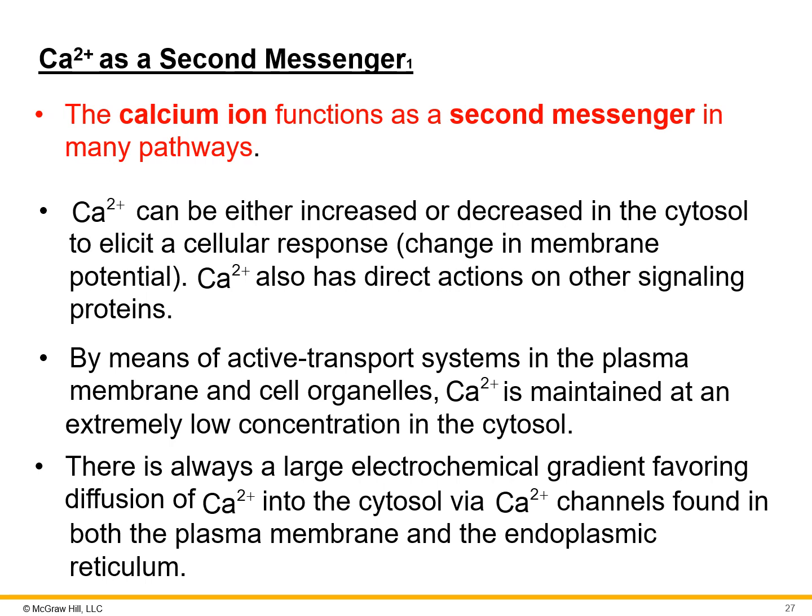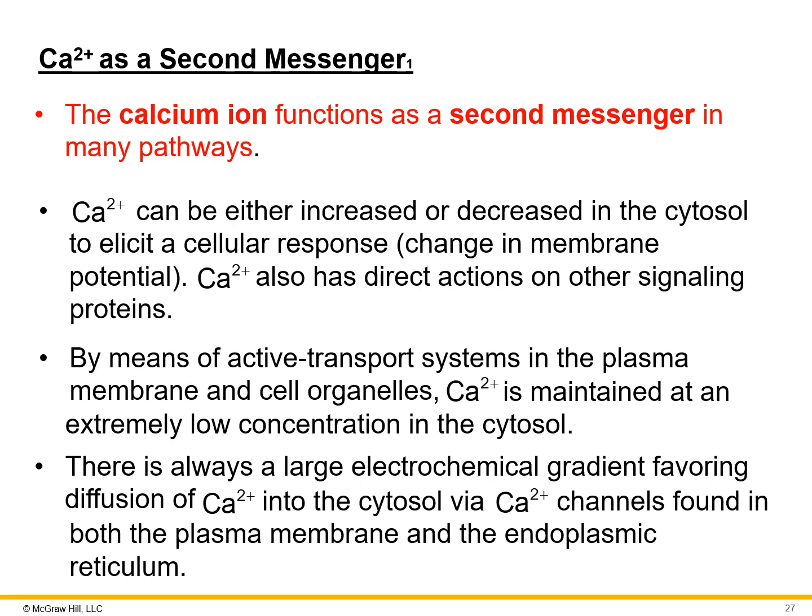It can either be increased or decreased in the cytosol to elicit a cellular response. Okay, and we said that positive ions flowing into the cell can change the membrane potential. So that's what we mean by a cellular response that has to do with a charge change within the cell. It also has direct actions on other signaling proteins.